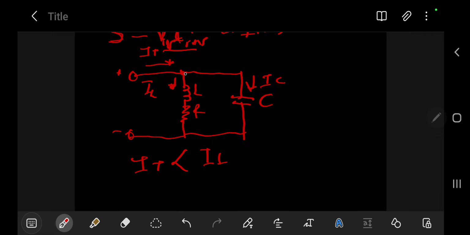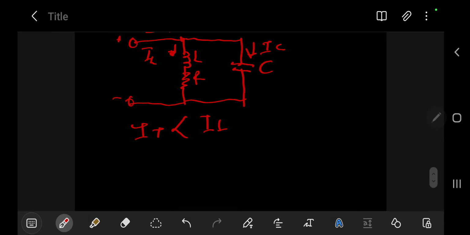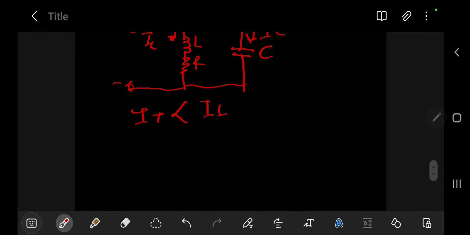If you are at this node, the sum of the currents entering is equal to the sum of the currents leaving. So it means if you want the same current, not really the same current, but if you divide this current here and you still want to have the same current going through here, it means you have increased your current here. But because this is just in phasor domain, it makes sense.